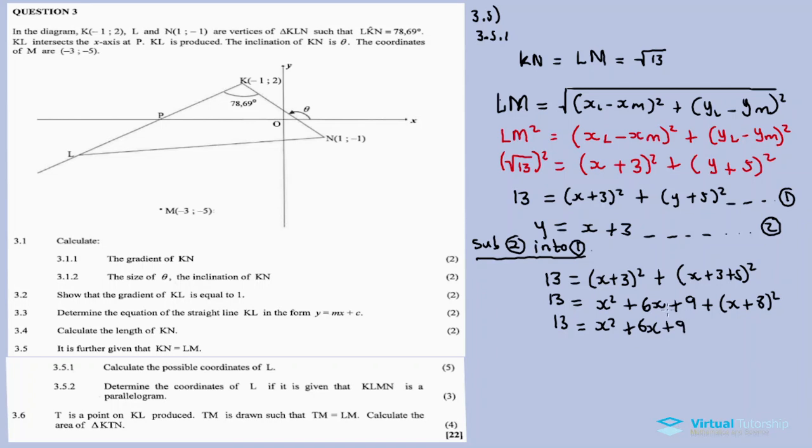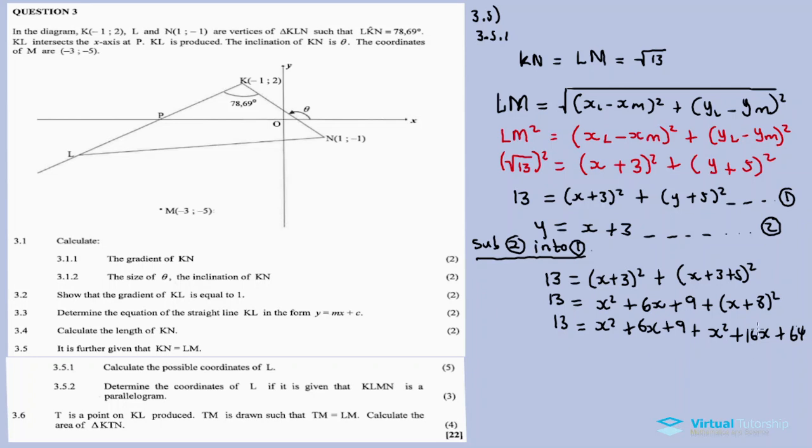Or another way of doing these brackets, you can just expand the bracket, then you multiply: x squared, 8 times x is 8x times 2, you have 16x, plus 8 times 8, that is 64.